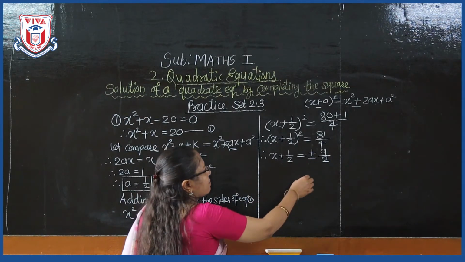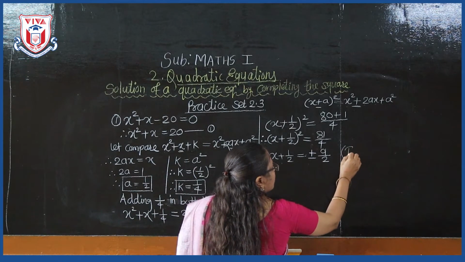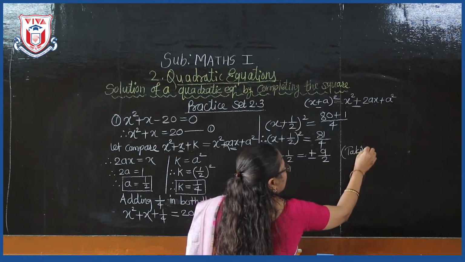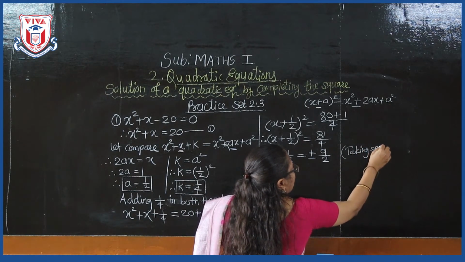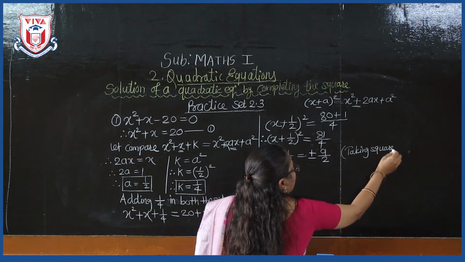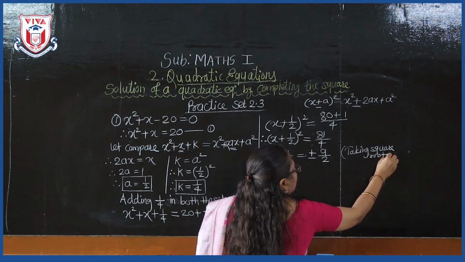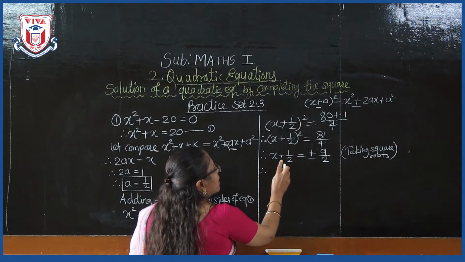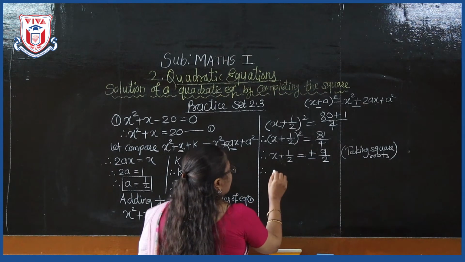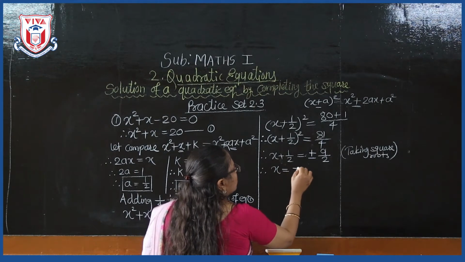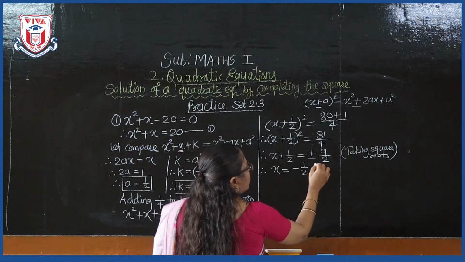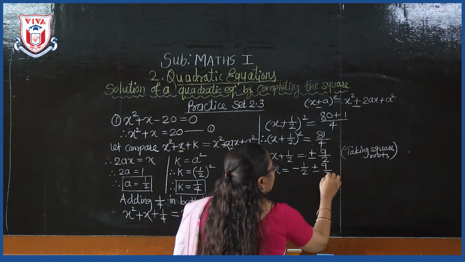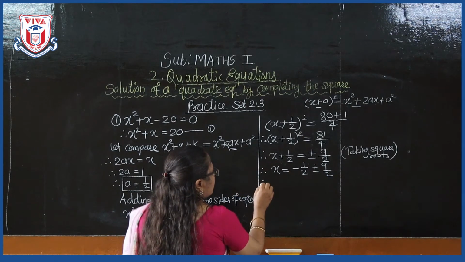Okay, and here the reason we will write is taking square roots. Okay, now this plus 1 upon 2 we will take to the right hand side. So x is equal to minus 1 upon 2 plus minus 9 upon 2.